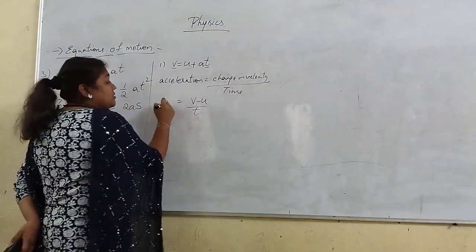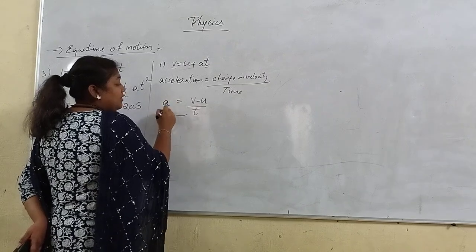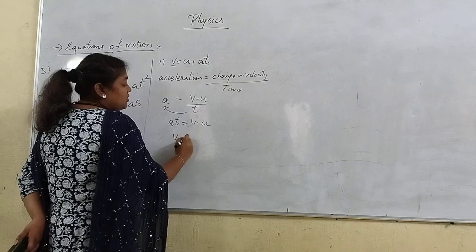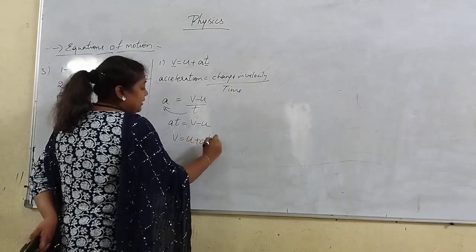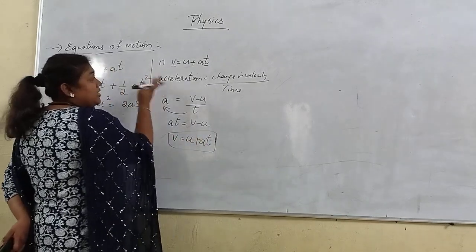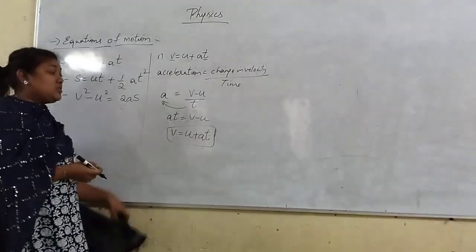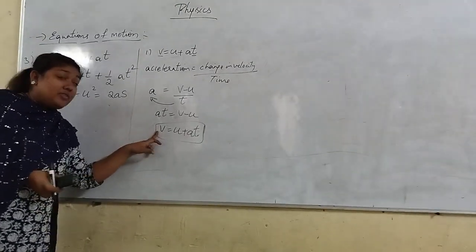From this, if this t goes to this side, it becomes at equals v minus u, and v equals u plus at. By simply using the formula of acceleration, we derive the first equation, which gives the relation between final velocity and time.